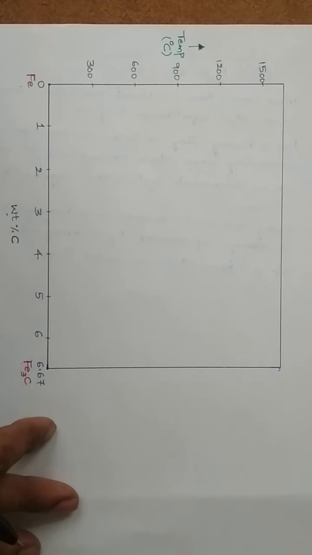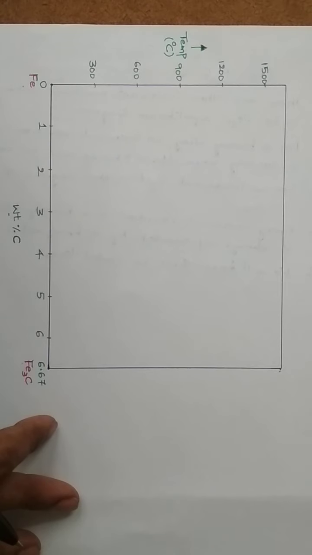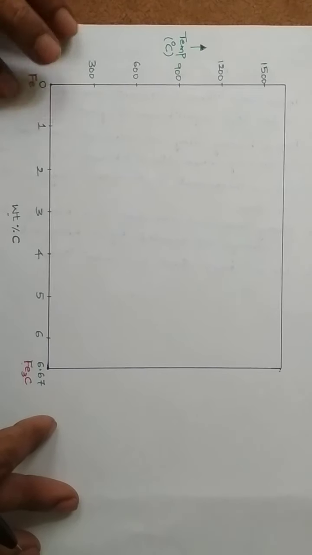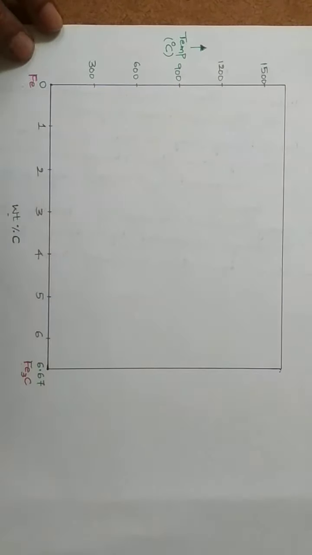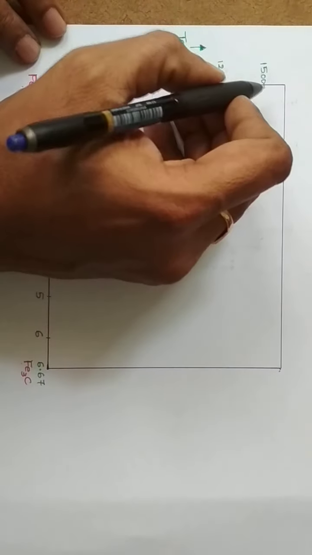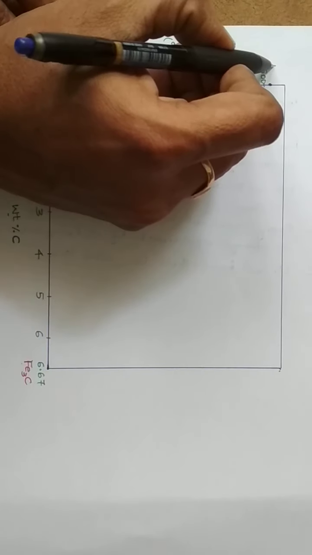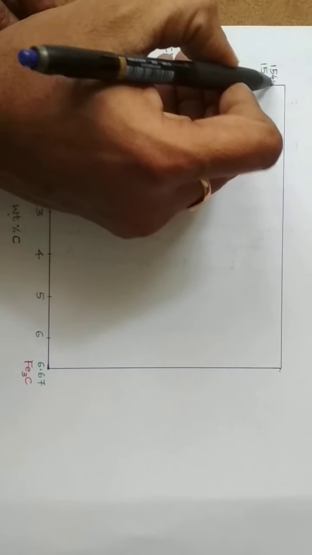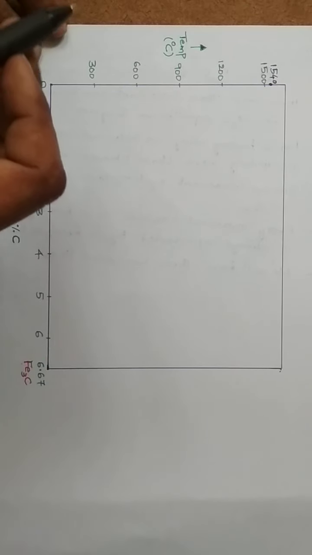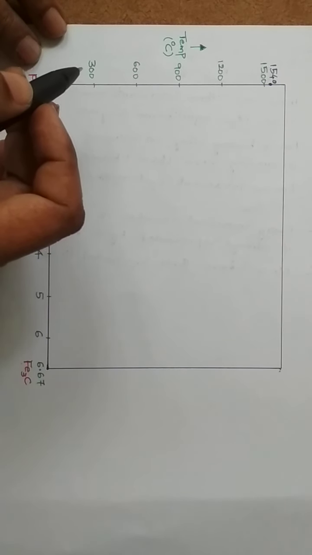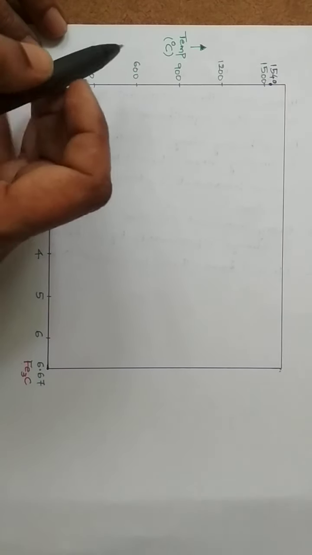First let us indicate some temperatures, some points. The first point is 1540. 1540 degrees centigrade is the melting point of iron. So this is 1540, and we have another temperature which is 1410.